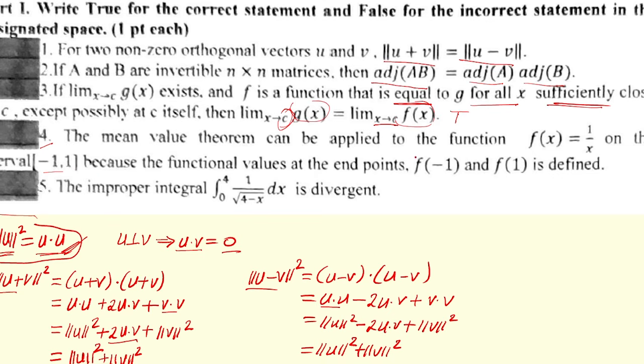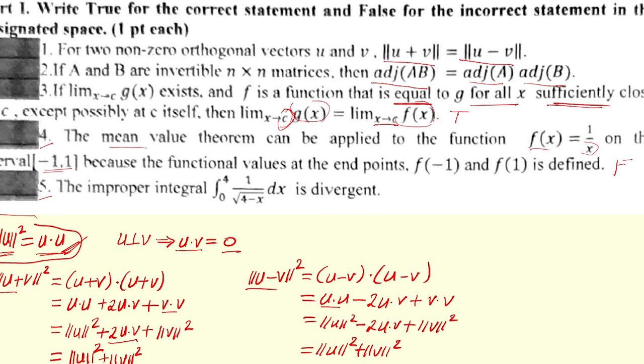But as we see here, the function f of x equals 1 over x at x equals 0 is not continuous, and 0 is between -1 and 1. So the mean value theorem cannot be applied here. Your answer should be false.